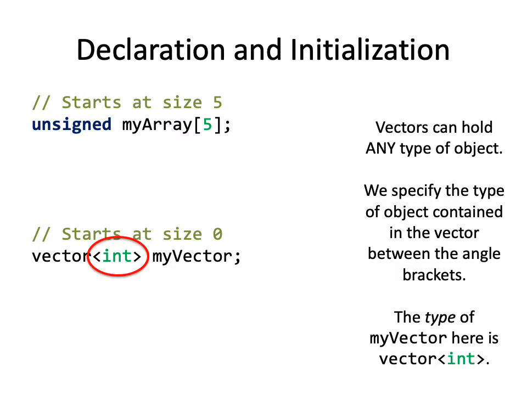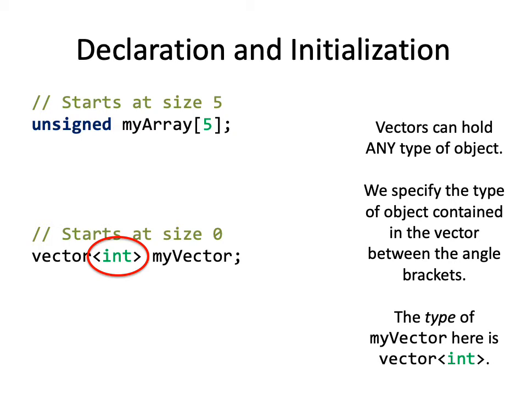But what's going on with that? Now a vector is a special kind of object. It's called a template object, which means that it can hold any kind of other object that you want to give it. And in this case, we're giving it an integer. So what's its actual type? We need to specify what kind of vector it is. Is it a vector of doubles?